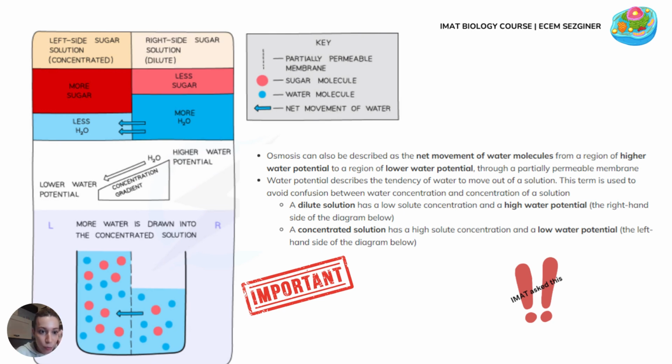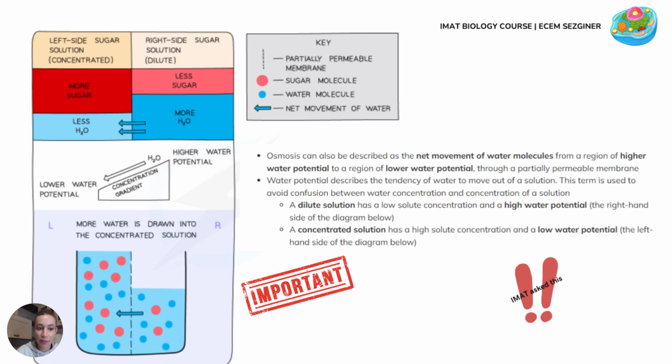So it has more sugar and less water on the left side, and on the right side it has more water and less sugar. Now I don't want you to get confused. We are talking about the movement of the water, so you should pay attention to the abundance of the water. The movement will happen from the more water concentrated area to the less water concentrated area.